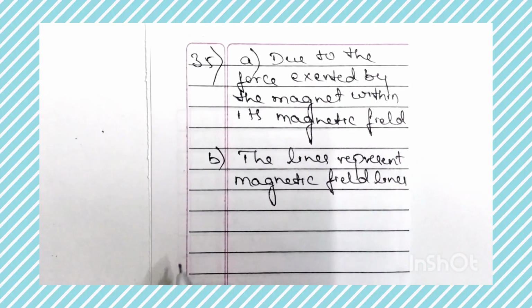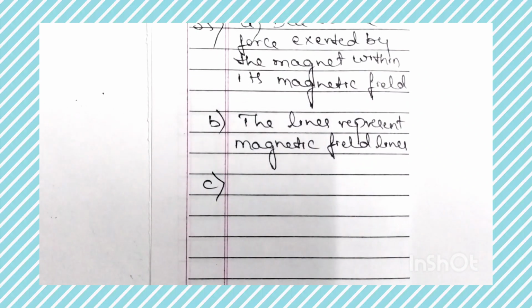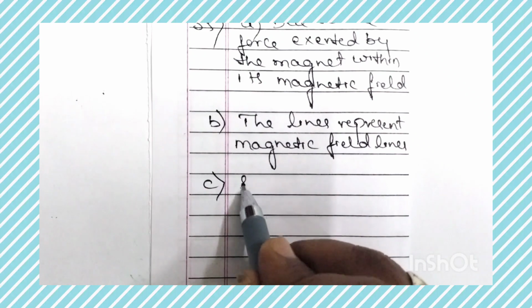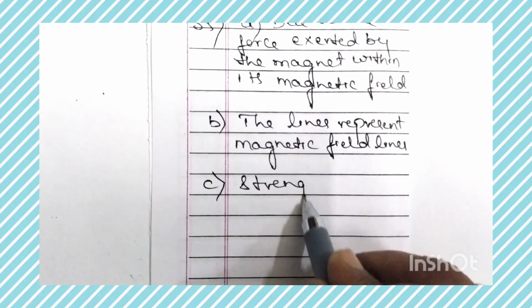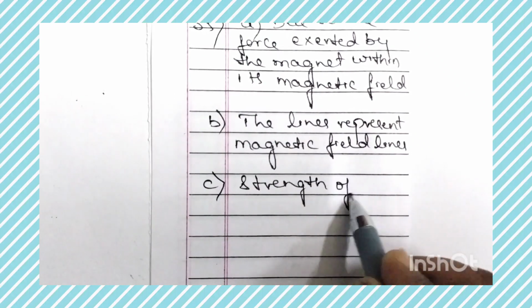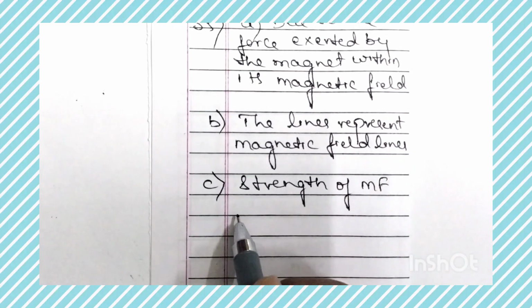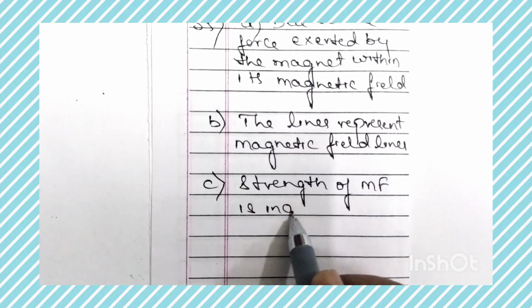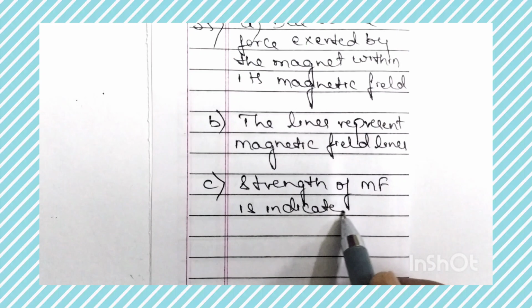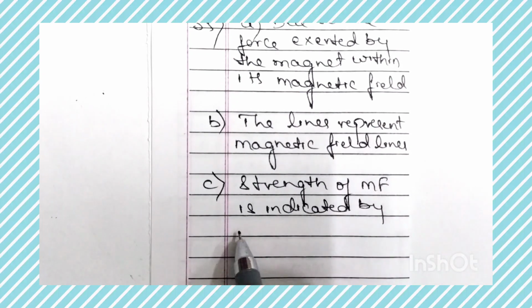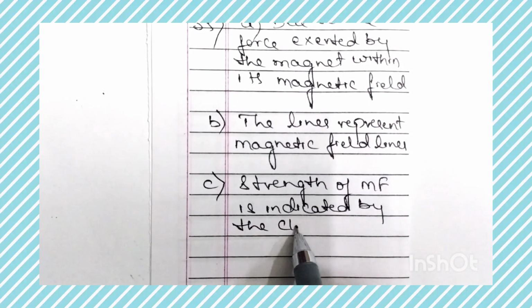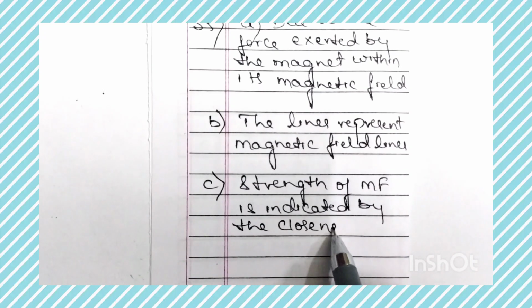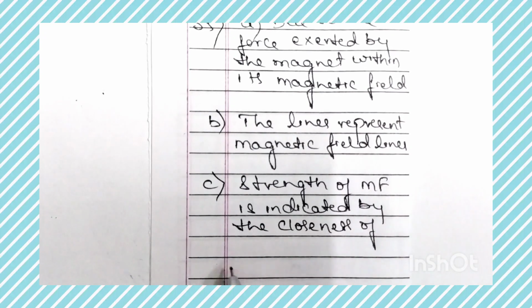Then coming to C question, how is the strength of the magnetic field indicated? The strength of the magnetic field is indicated by the closeness of the field lines.